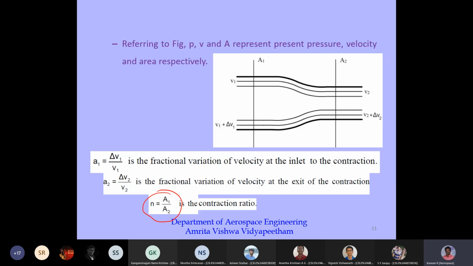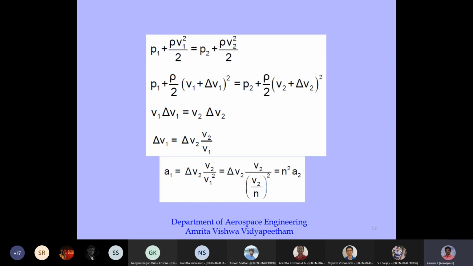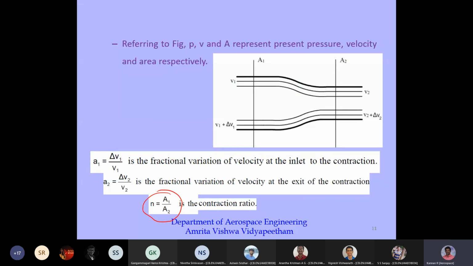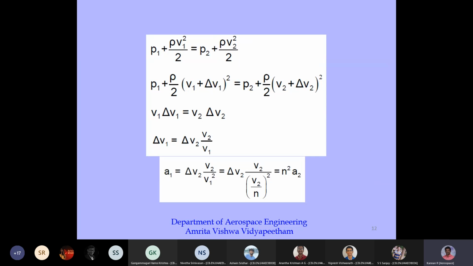A2 is the entry to the test section. So here the fractional velocity change at section 1 and fractional velocity change at section 2, we can relate to the contraction cone.